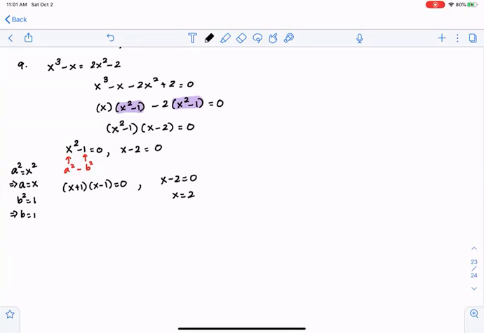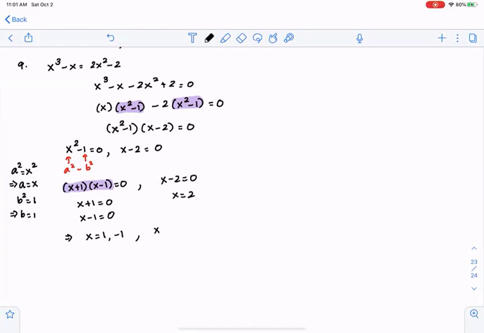So from the first one of the factors, which is x minus 2, I get x is equal to positive 2. Now I have 2 factors, x plus 1 and x minus 1. I set each of them equal to 0: x plus 1 equals 0, x minus 1 equals 0, which would mean x is equal to -1, or x is equal to 1.